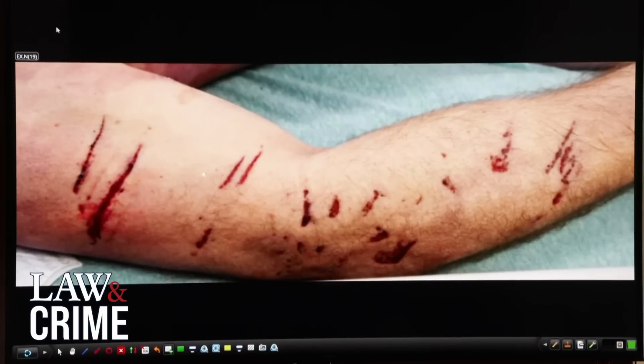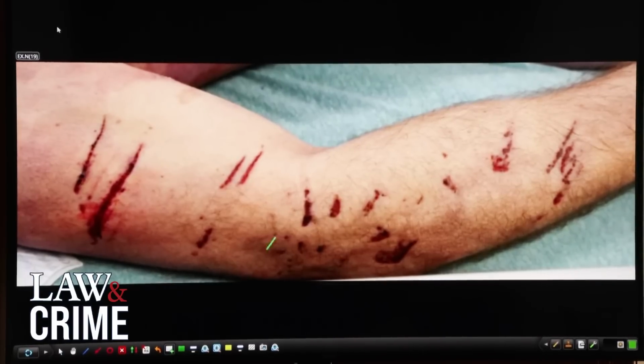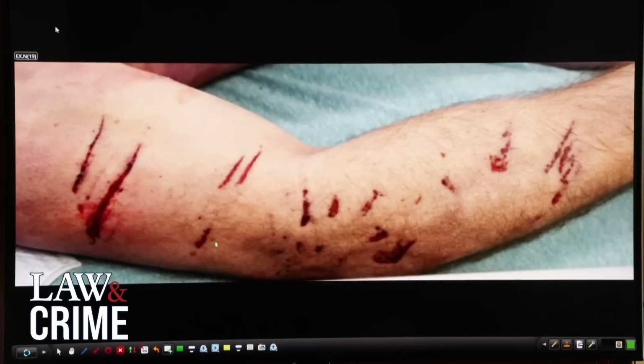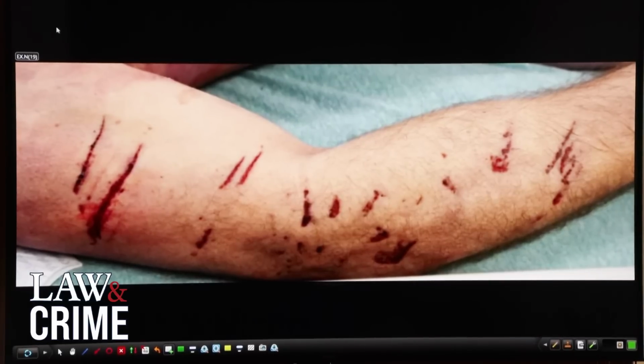This one further down, closer to the elbow, is another set of parallel marks, again probably most likely from teeth marks. And the reason I say that is, in addition to the parallel marks, down here there are also little punctate, incomplete puncture marks, little round marks inflicted by the actual point of the tooth.